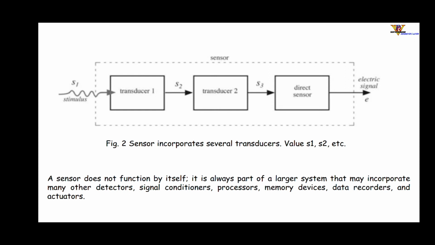So actually this sensor will produce an electrical signal, but many transformation steps can be done within the sensor, and those transformation steps can be done by using detectors, signal conditioner, processor, memory devices, etc.